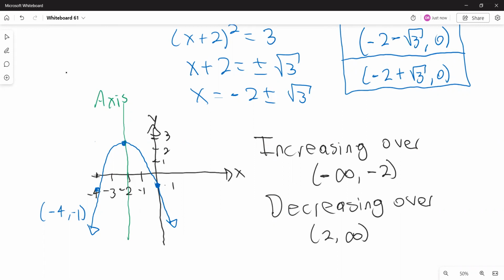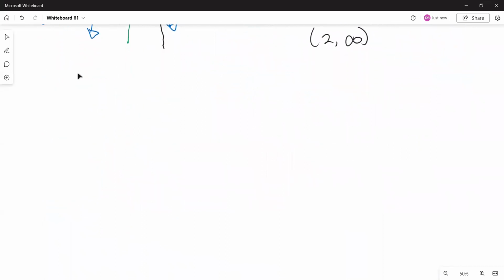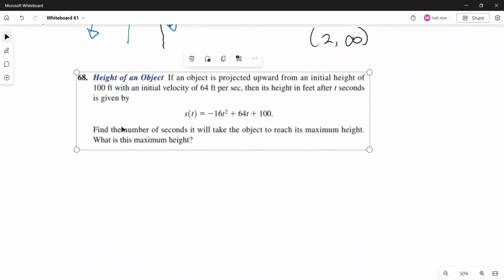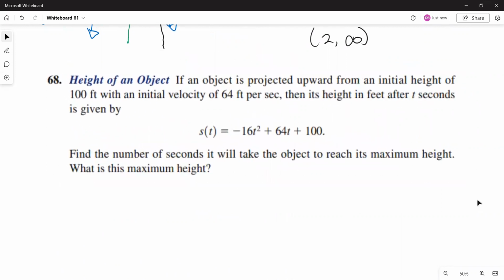Okay, so the last example is an application. That's number 68. Okay, so that's on page 317.